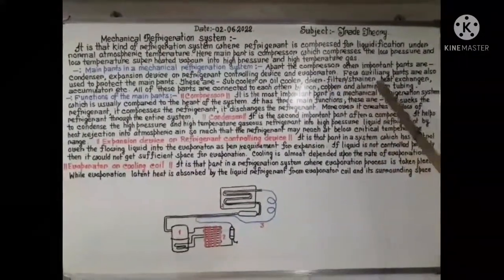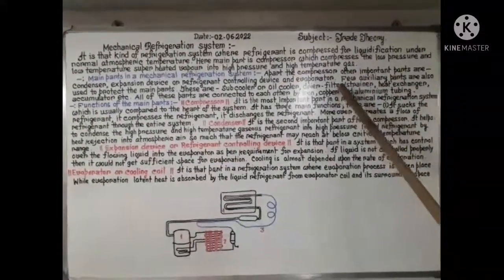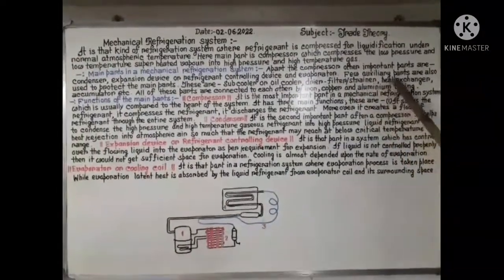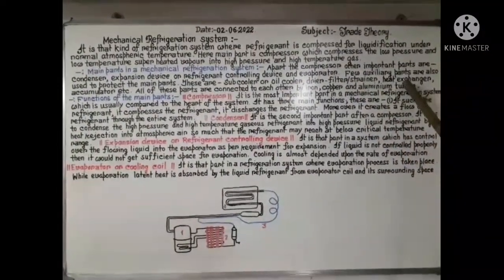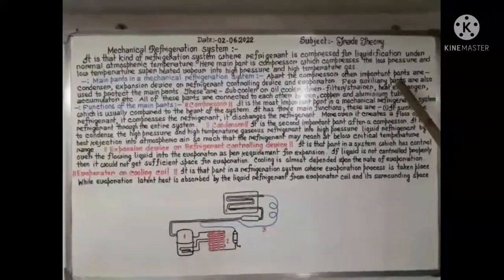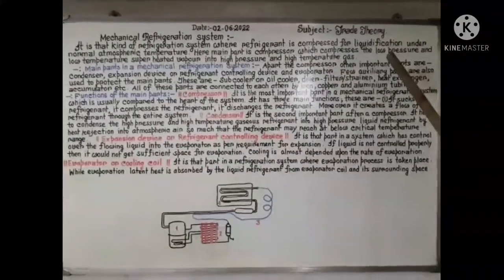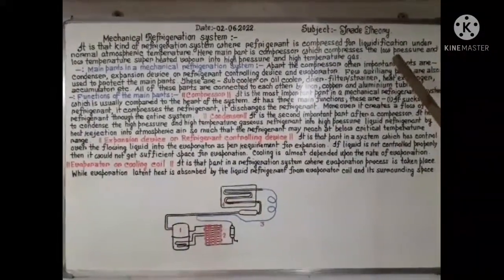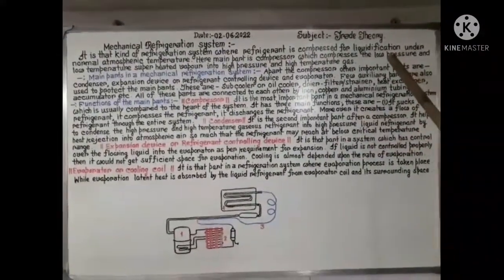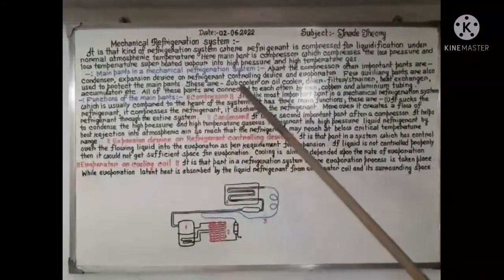The dryer's function is to dry, and the filter's function is to remove dust or foreign particles. The heat exchanger exchanges heat between high temperature liquid and low temperature vapor. Then finally the accumulator.